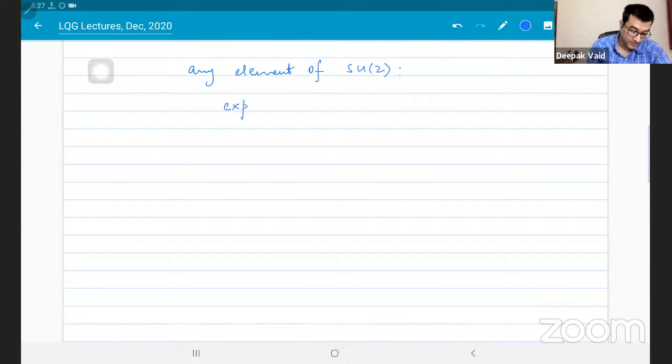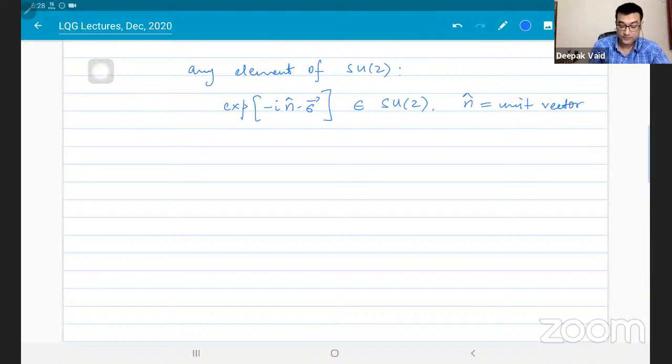So I can write exponent minus i n hat dot sigma. This will be an element of SU2, and this n is a three-dimensional unit vector.